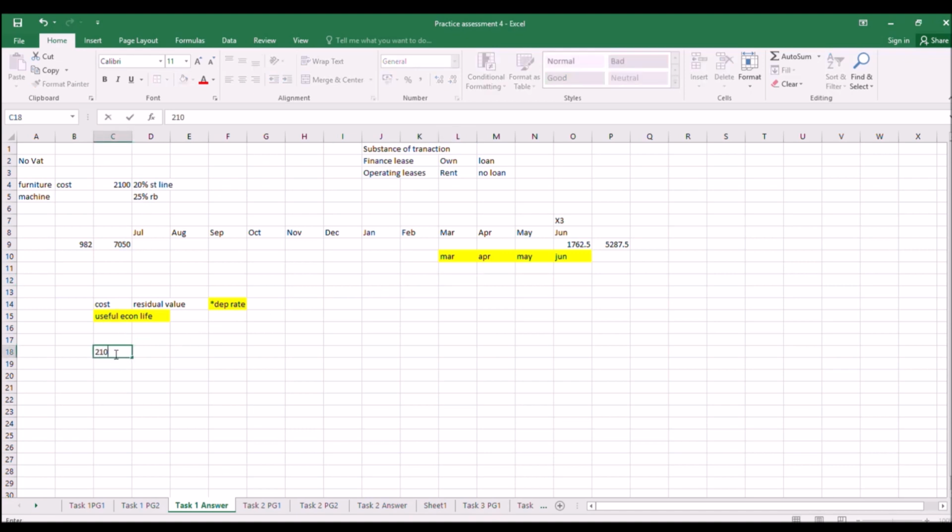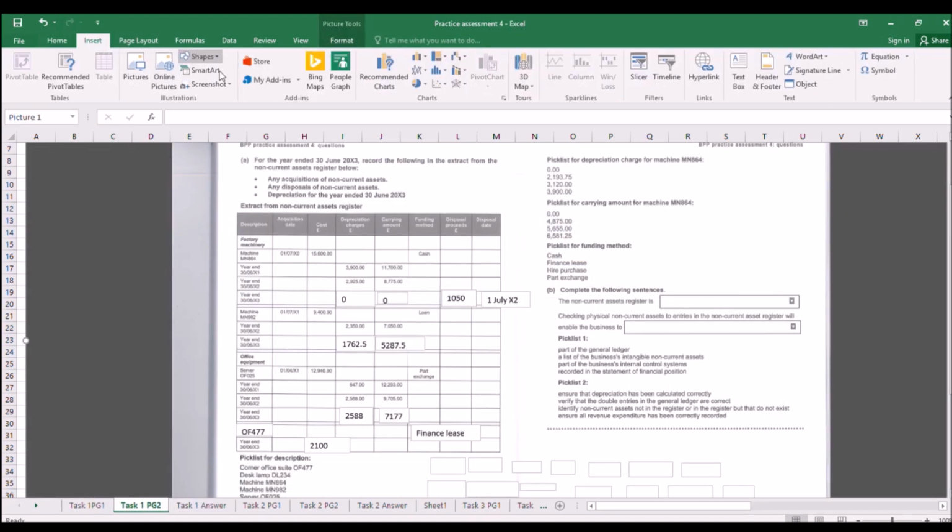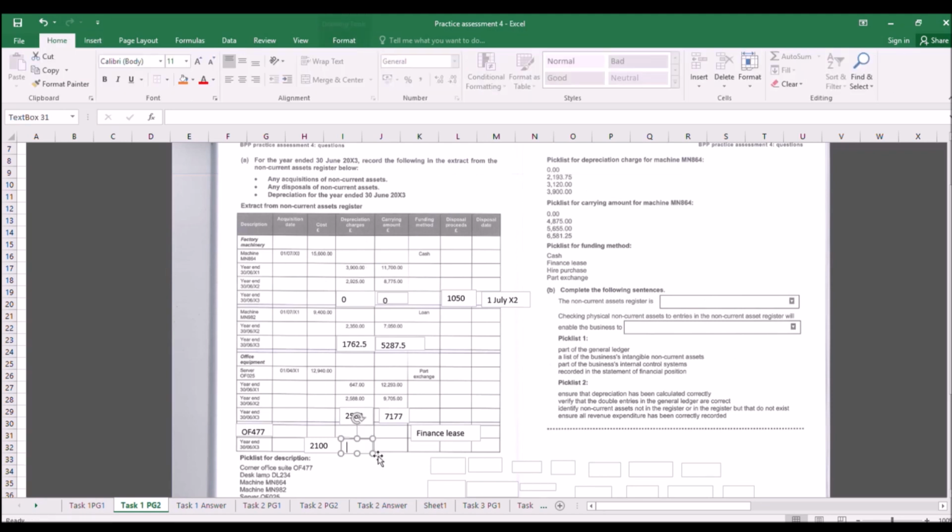So 2100 times 4 divided by 12 times 0.2 is going to be, I think, 140. That is going to be our depreciation charge. Depreciation charge there, 140.